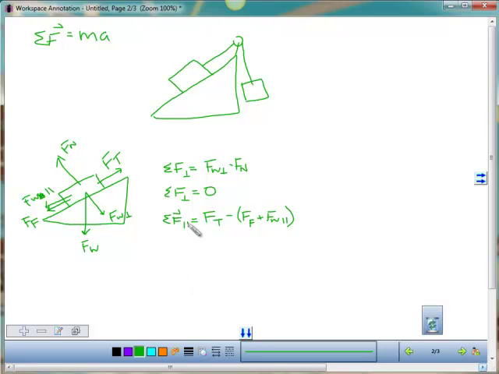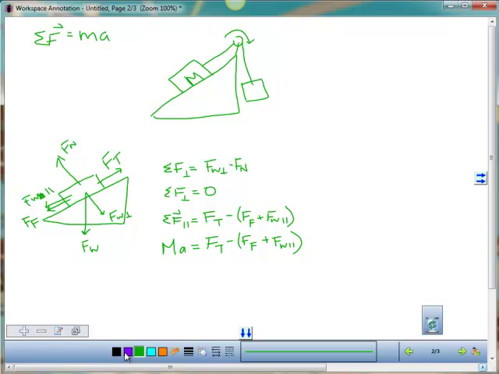Since this is what's going to be the accelerating object, my acceleration is still going to be in this direction just because that's the easiest way for me to determine it. So this is going to be, we'll make this big M this time. Big M times acceleration is equal to force of tension minus my force of friction plus force of weight in the parallel.